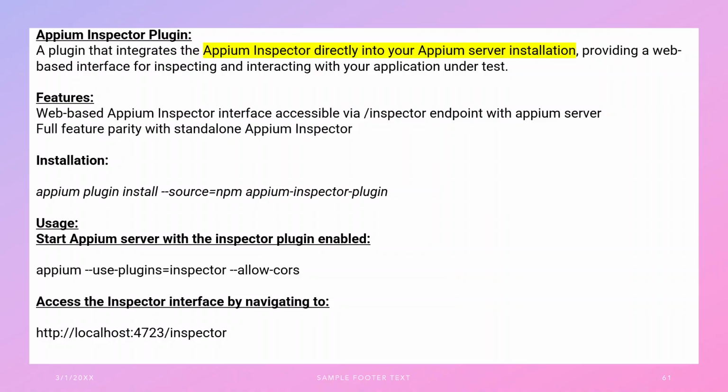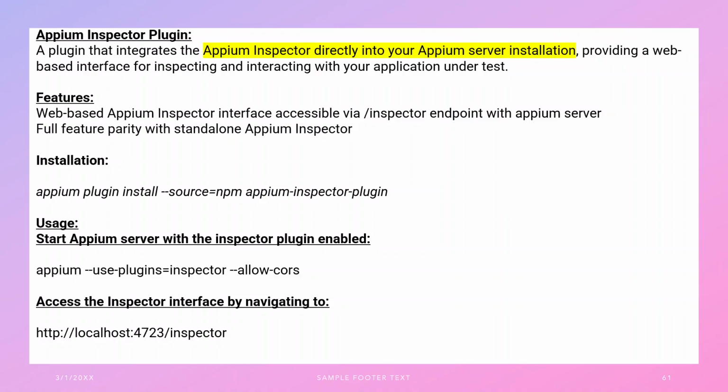It means you are starting the Appium server explicitly with the Appium Inspector plugin so that it creates a web-based Appium Inspector interface. Among the features, it is a web-based Appium Inspector interface accessible via the inspector endpoint with the Appium server, with full features like the standalone Appium Inspector.